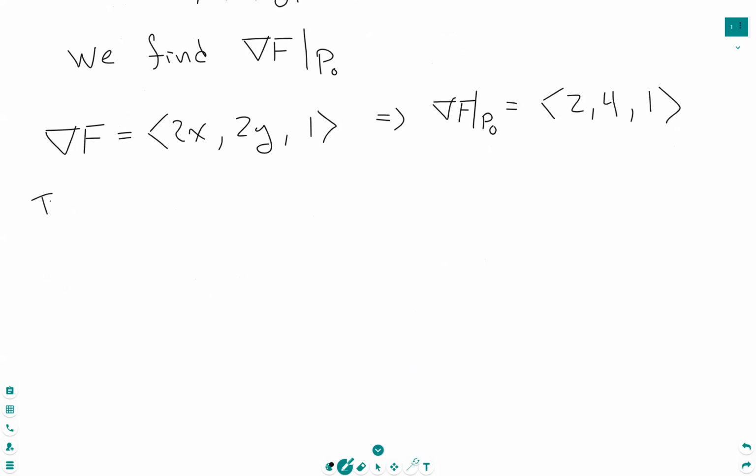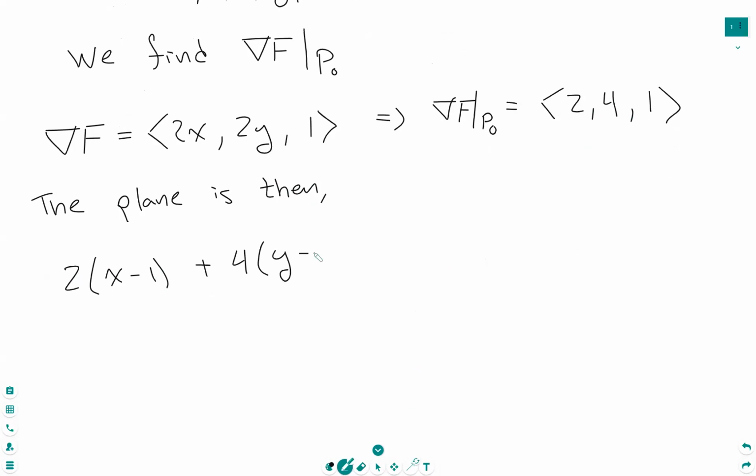The plane is then, all we need to do is plug and chug here. We have F x is 2 at that point, so we get 2 times x minus 1, because this is x naught, plus 4 times y minus 2, plus 1 times z minus 4 is equal to 0.